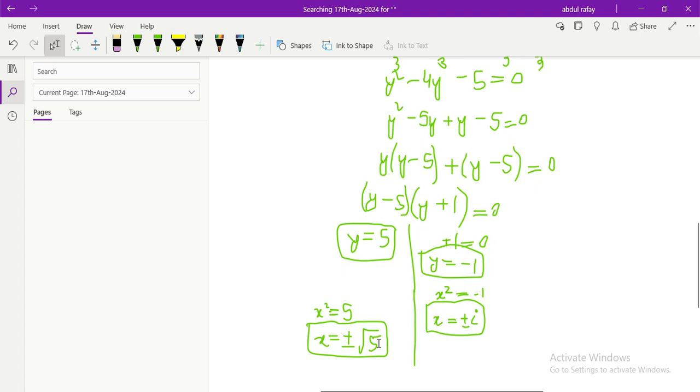For the minus 1 case, we would have a square root of a negative number, which means the roots are not real, they are imaginary roots. So x is equal to plus minus root 5 is our solution.